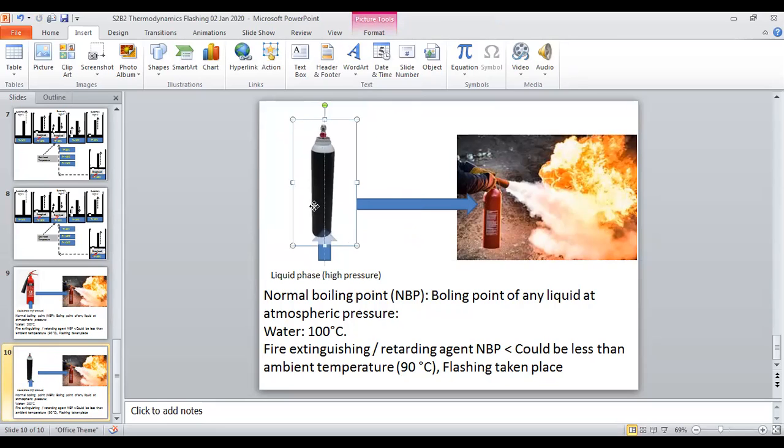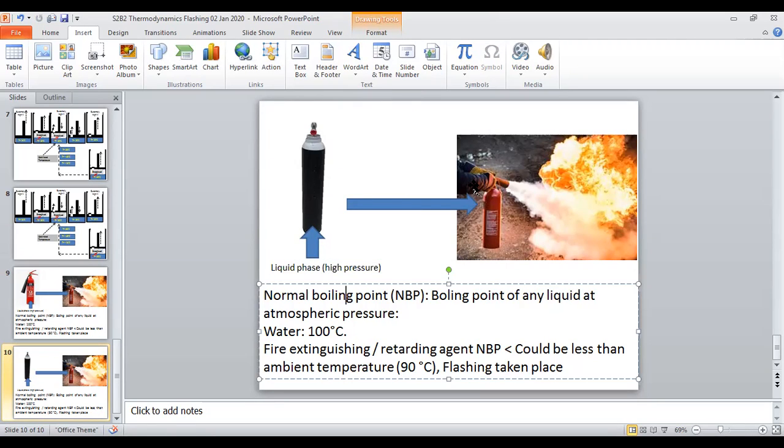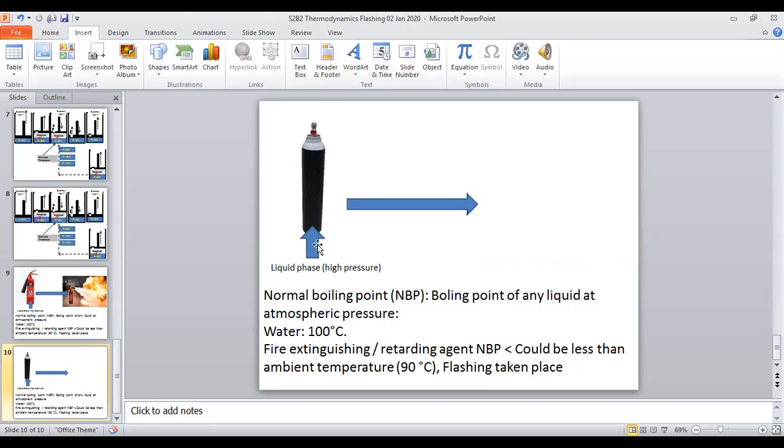You know that an oxygen cylinder should be properly placed and secured, because in any case, if the oxygen vent is damaged or broken, with liquid phase at high pressure, that's why we have a regulator.